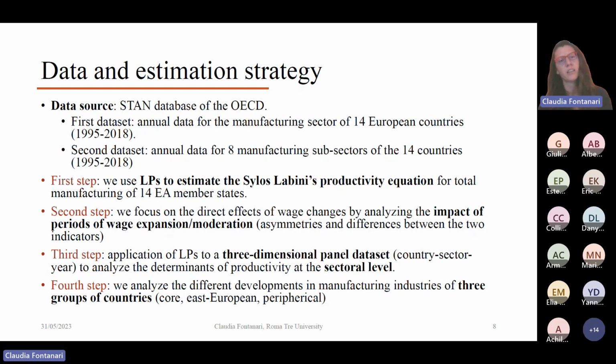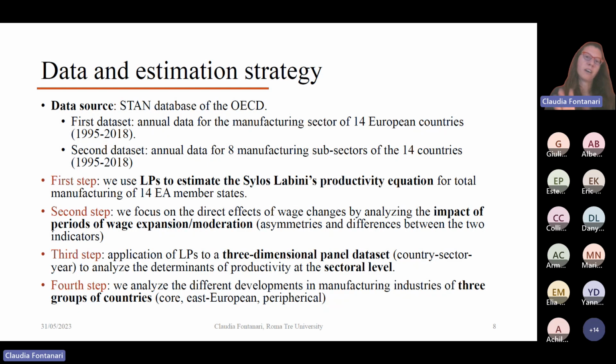Then I use a second data set, which is a three-dimensional data set that analyzes 8 manufacturing subsectors for the same panel. I start by estimating the Sylos Labini productivity equation using the local projection technique for all manufacturing of my panel.